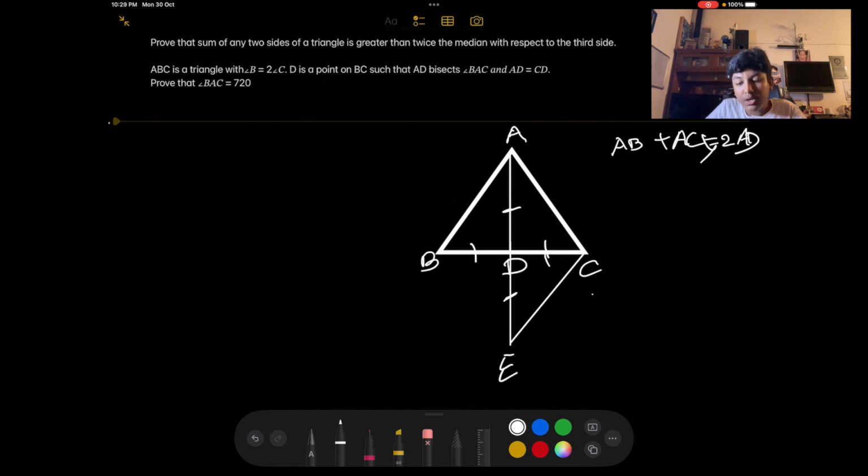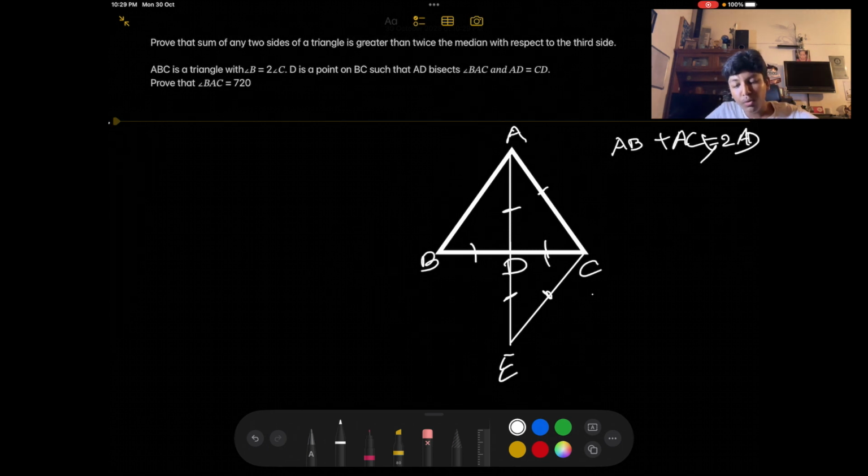If we show EC equal to AB, we know AC plus EC will be greater than AE, because two sides of a triangle added together are always greater than the third side. So AC plus AB is greater than AE, and that AE is basically 2AD. We're going to see all of this in practice.